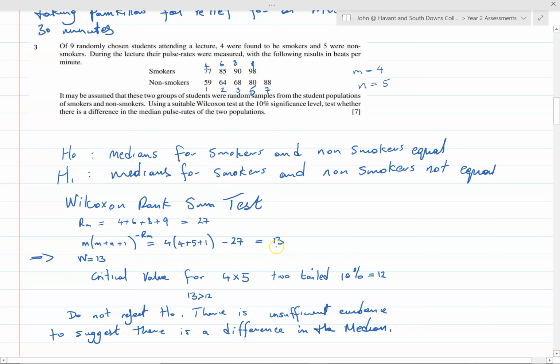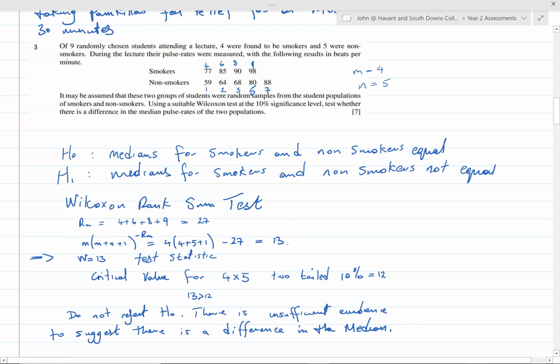And our W value, the value that we're going to use as our test statistic, is equal to the smallest of these. What's happening here is that taking RM away from the total M times M plus N plus 1 gives you what the ranking would be if you went in the opposite direction.